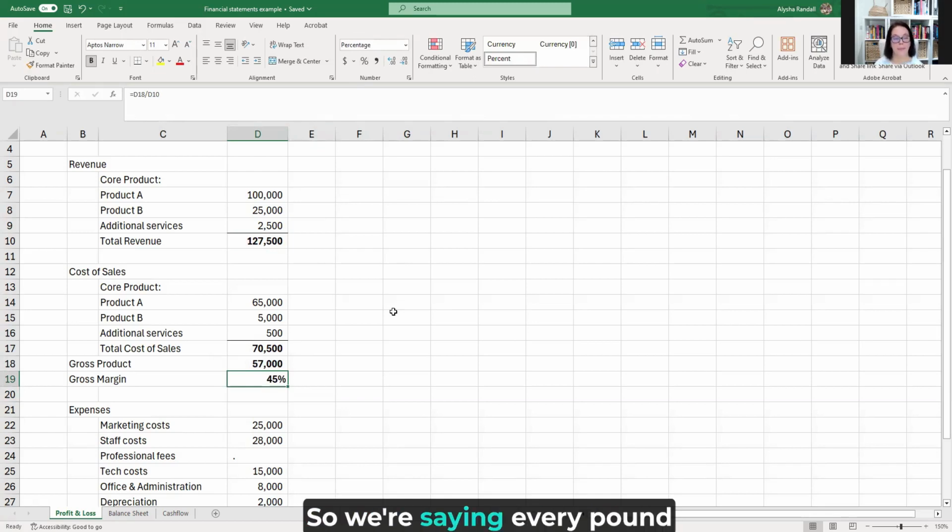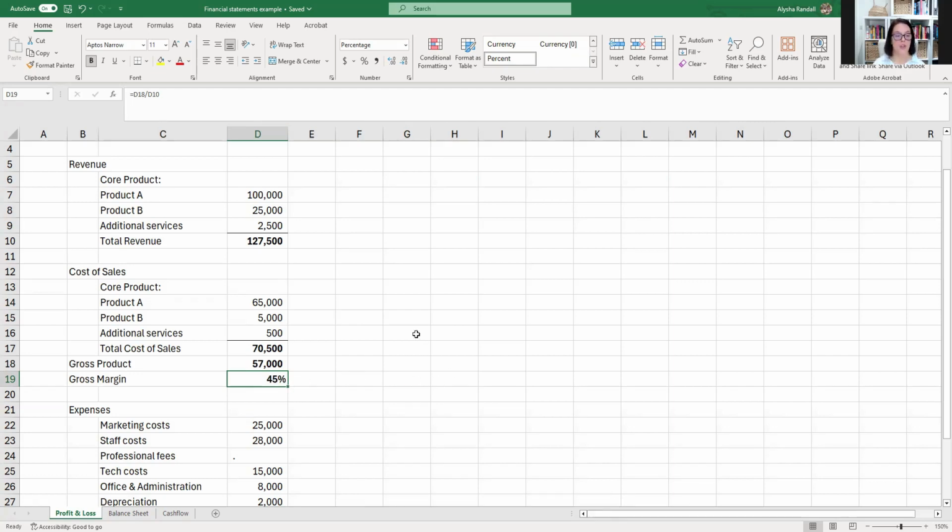So we're saying every pound or dollar that you sell, 45 cents or pence stays with the company. So 55 cents of every dollar goes out of the company. That's your cost. Ideally, you would want this 45% to remain relatively consistent month on month, and ideally, as you can imagine, increase over time.